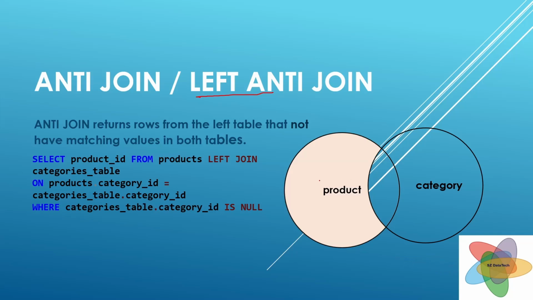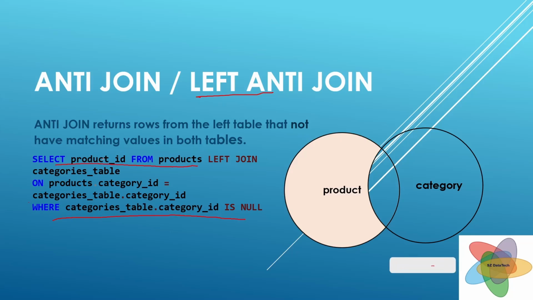So we will get all the rows from the left table that do not have any matching value in the right table. And the same is mentioned over here. Anti join returns rows from the left table that do not have matching values in the right table.